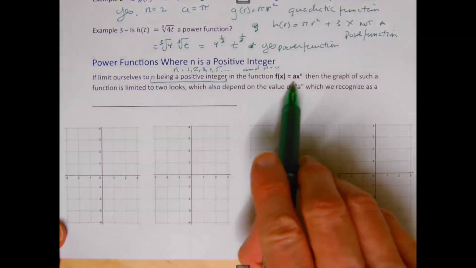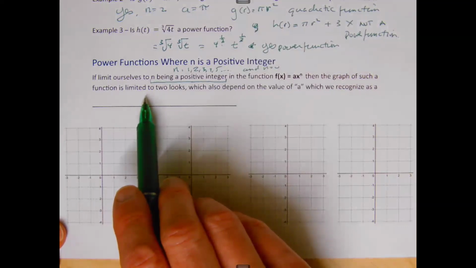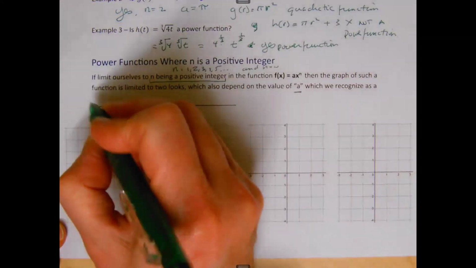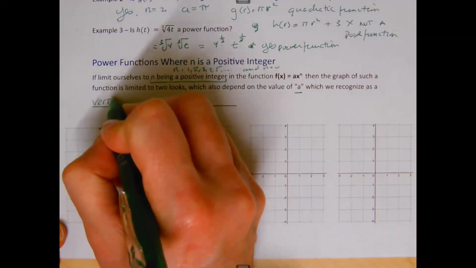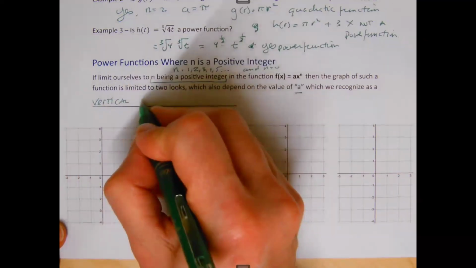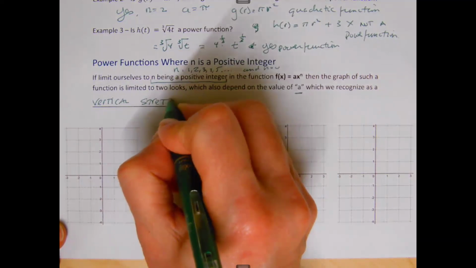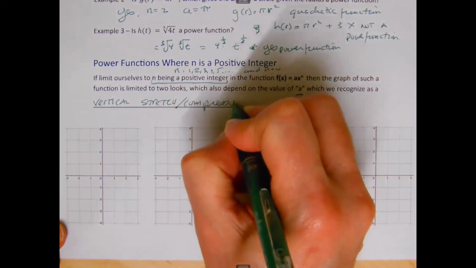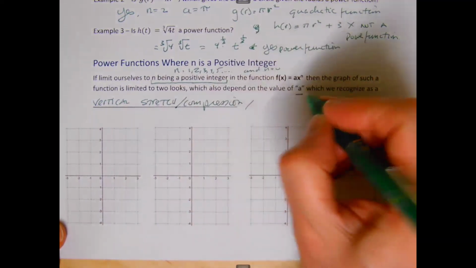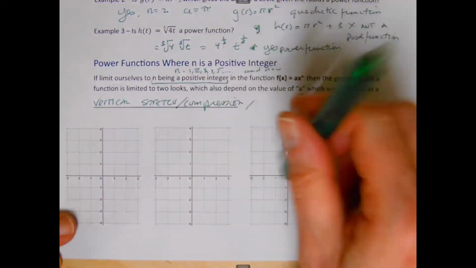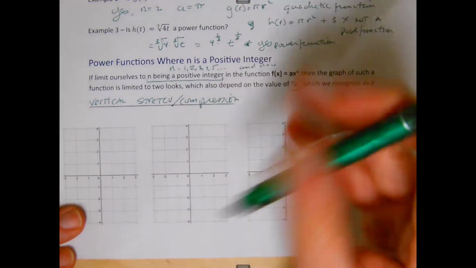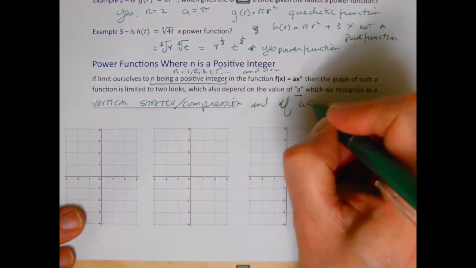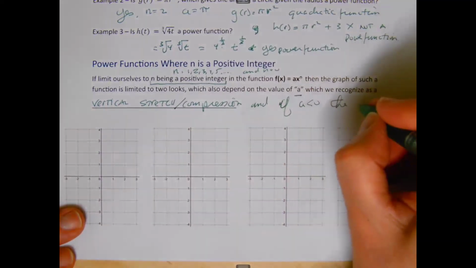So when I look at the graph of such a function, it's limited to 2 looks, which also depend on the value of a, which we recognize as a vertical stretch or compression, and depending on the sign, if a is less than 0, then a flip across the x-axis.